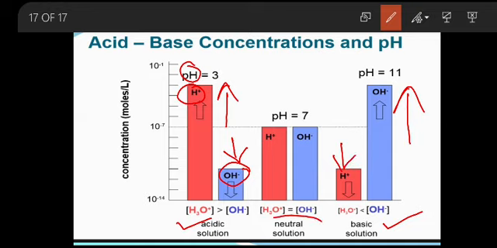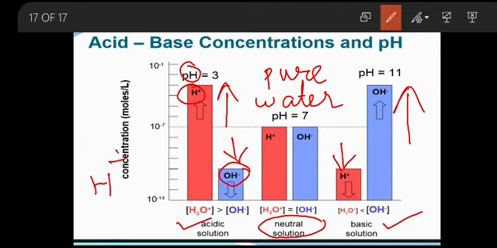Okay. For a neutral solution, the example will be your pure water. In pure water, there are two ions, H plus and OH minus. I told you that they should be in balance because both positive and negative should be equalized. They should be neutralized. Only then we can use the water for drinking.